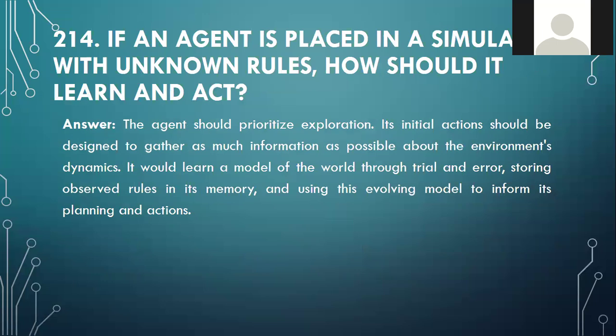Moving to question number 214. If an agent is placed in a simulation with unknown rules, how should it learn and act? The agent should prioritize exploration. Its initial actions should be designed to gather as much information as possible about the environment's dynamics.